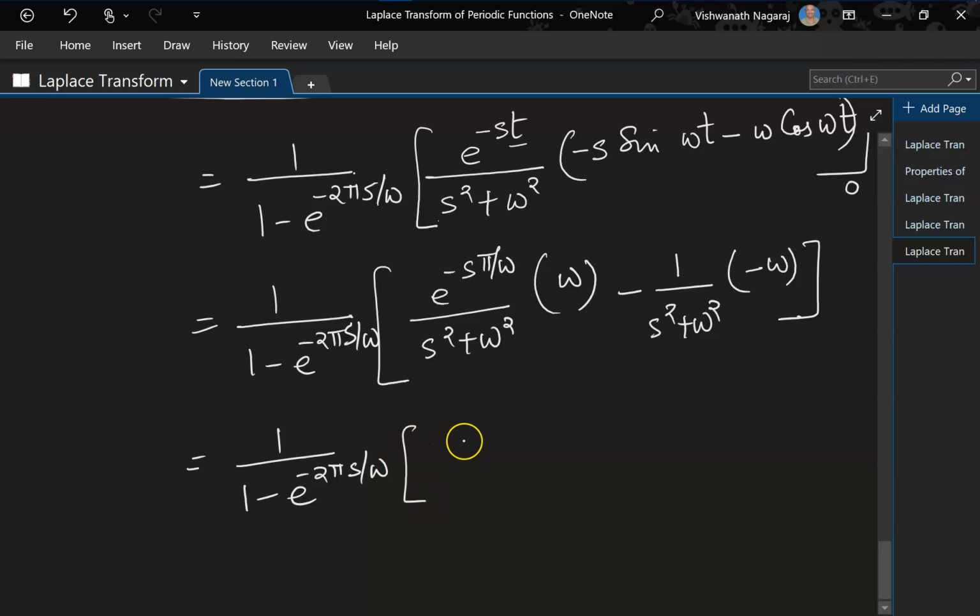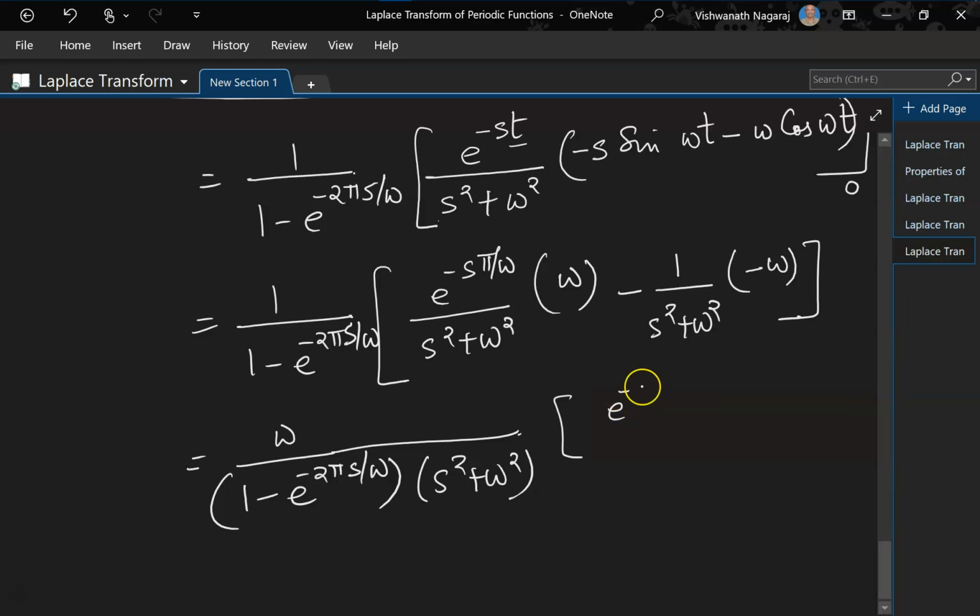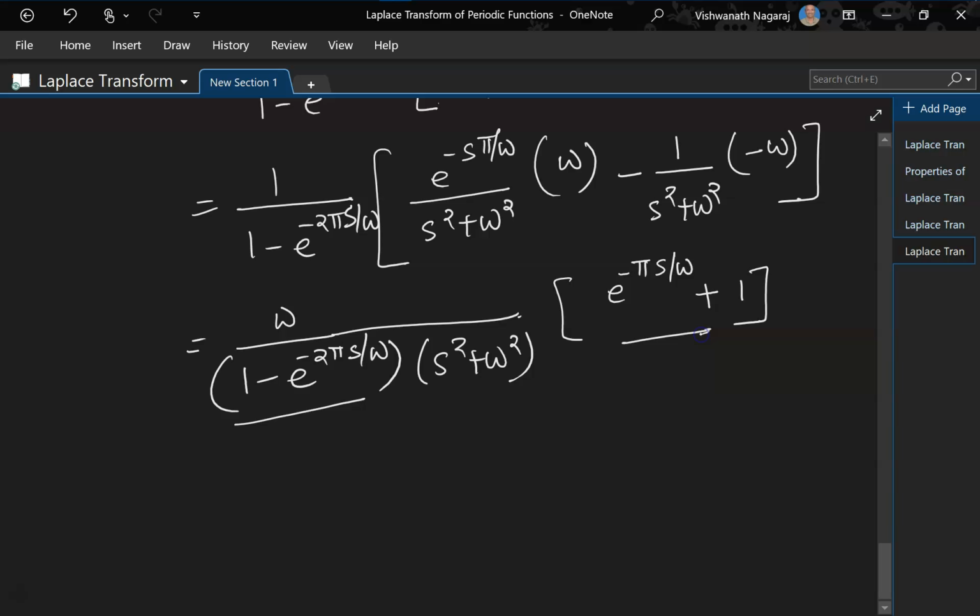Here, omega is common to both, so let's take omega out. Let's take s square plus omega square also out. So we are left with e to the power of minus pi s by omega, minus into minus, plus 1.